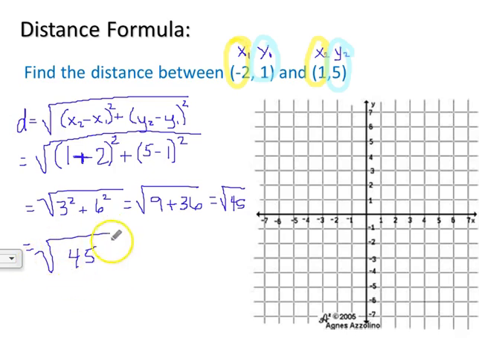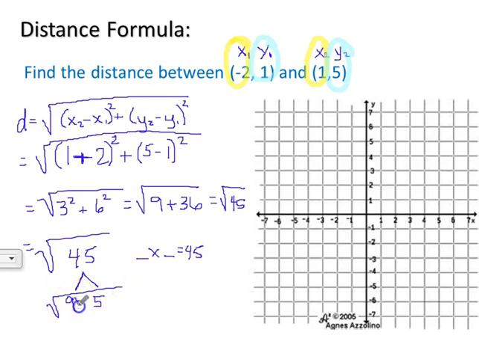So is the square root of 45 a perfect square? Is there any number times itself that would give us 45? No, there isn't. But we can simplify this radical. When I say simplify a radical, we're looking for factors of 45 that are a perfect square. And I know 9 times 5 gives me 45, and I know 9 is a perfect square.